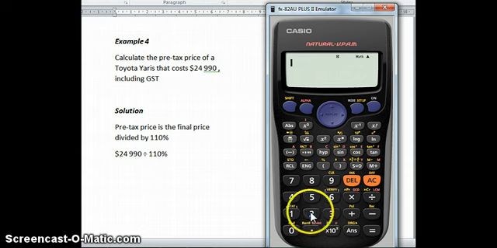So in our calculator, 24,990, and we divide this time by 110%. 110, shift left bracket, that's 110%. We find the cost of the Yaris before the tax was applied was $22,718.18. Let's round off to the nearest cent. We ignore the remaining decimals when we round off to the nearest cent.